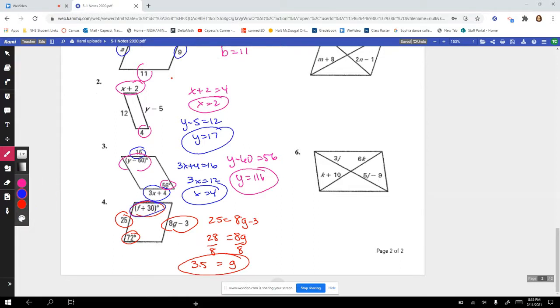These angles are consecutive. So what's going to happen there is when I add them together, I have f plus 30 plus 72 is going to be equal to 180, right? So this gives me f plus 102 is equal to 180. So f is equal to 78.